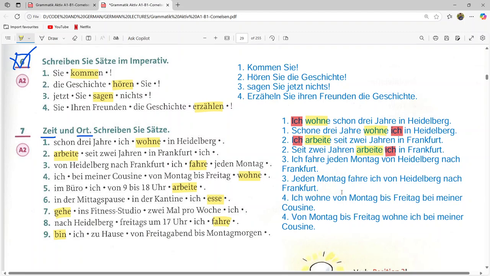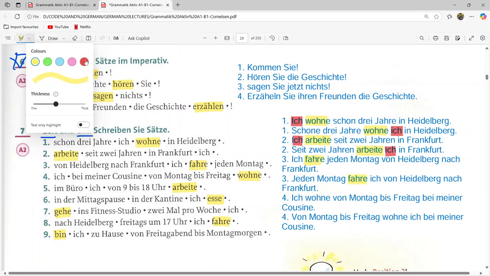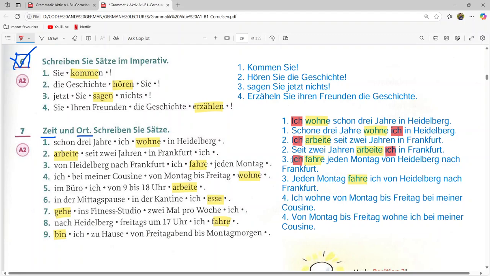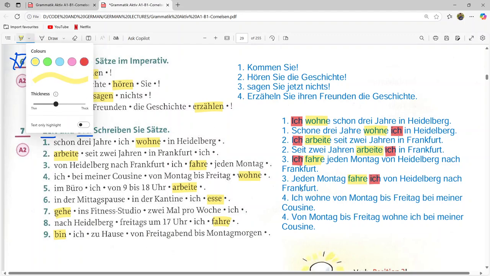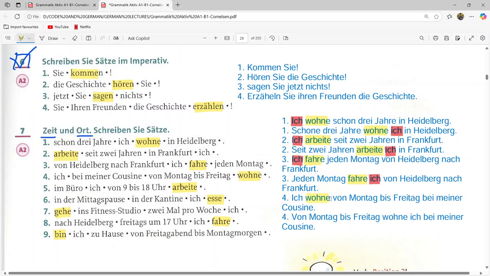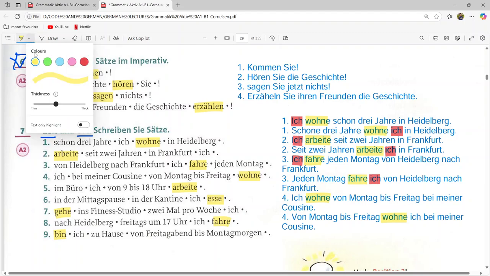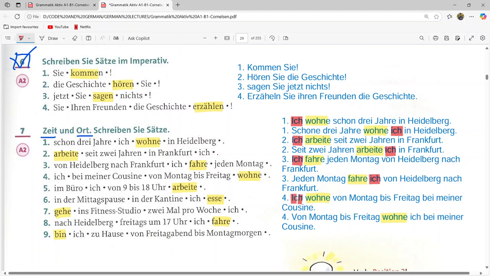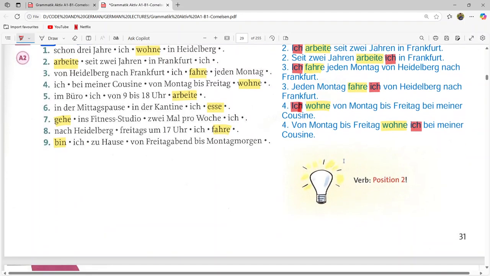Again the verb is fahre, and see, the subject is one time left, one time right. Again, the verb is wohne, the verb is wohne, and the subject is one time left, one time right. Okay, like this. So there is some space here, I will just use this space.